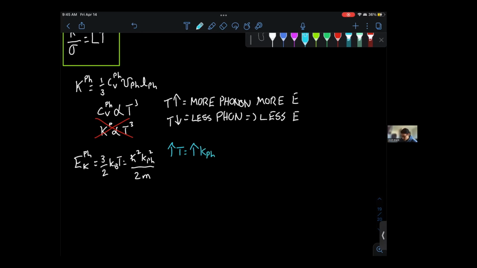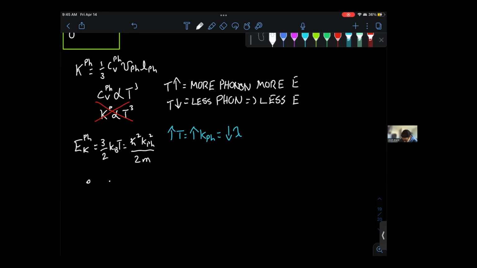If we have a high wave vector, that means we have a low wavelength. If we have a low wavelength, this is going to mean if we were to be given a wave, it would scatter more on a vacancy or a defect. Now let's use that same argument.